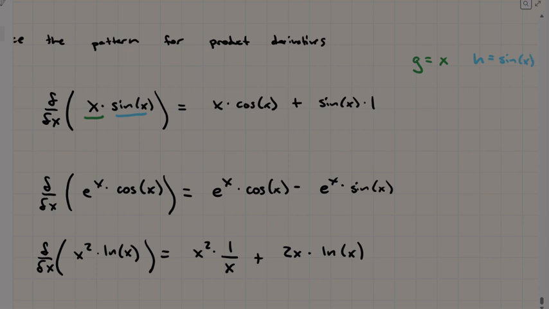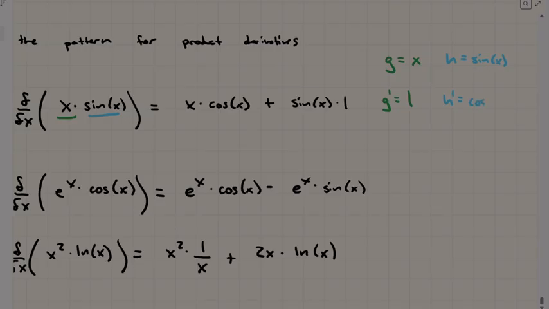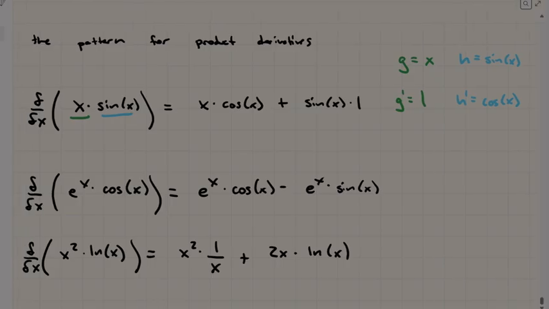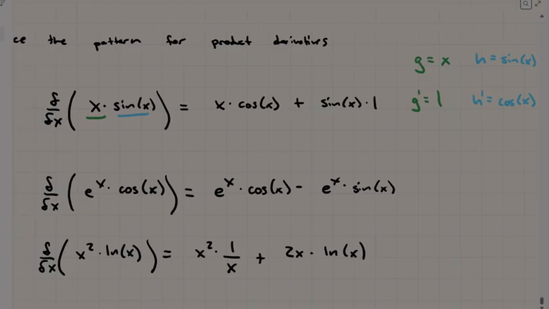Okay, now from the power rule, if x has an exponent of 1, then the derivative of just x is 1. And we already proved that the derivative of sine x is cosine x. By the way, this little apostrophe is called prime, and it's just a shorthand notation for the derivative. So g prime means the derivative of g, h prime means the derivative of h.